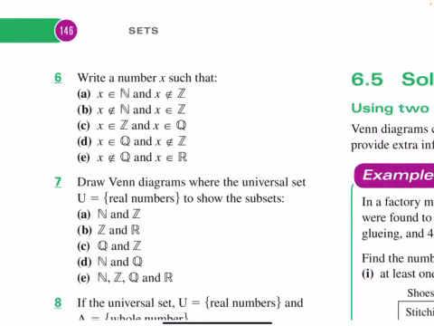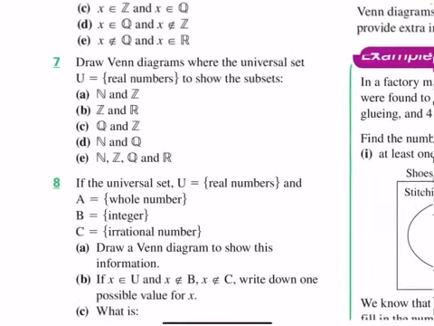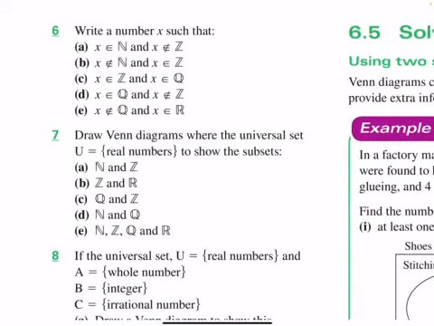In the exams, you will see stuff written like this. Give your answer: X is an element of N and is not an element of Z. So you can get used to seeing answers written in this way.